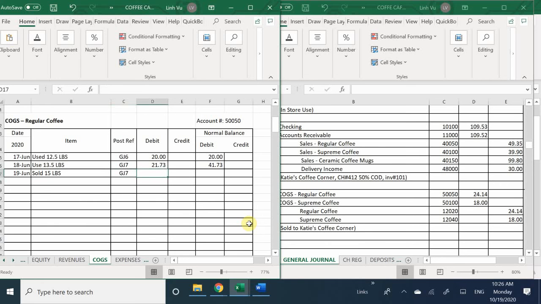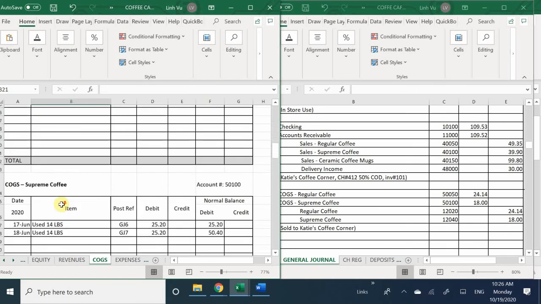And how much did that coffee cost? 24.14. Bringing my grand total to be 65.87. That's how much coffee we've used so far, right?